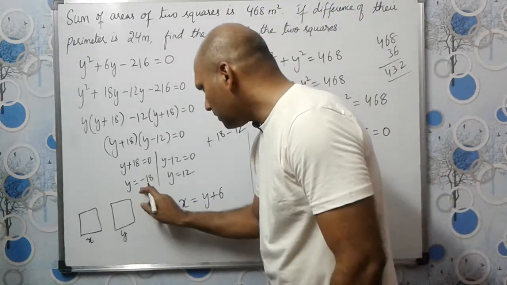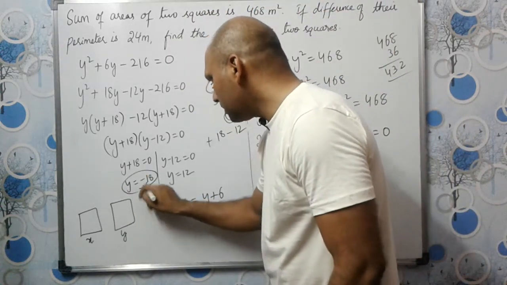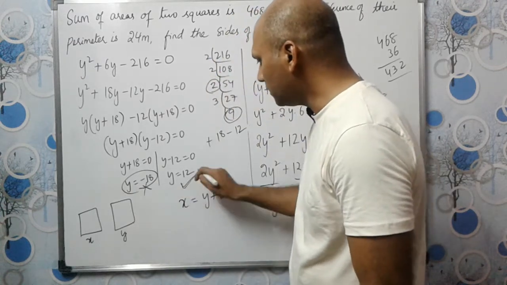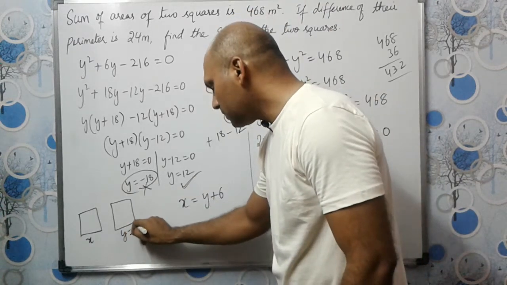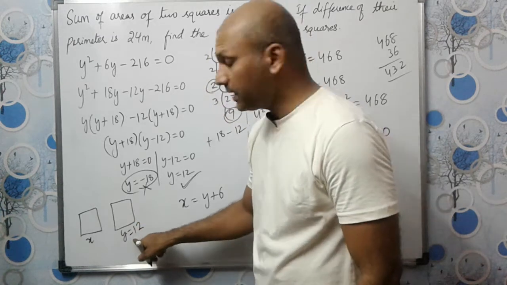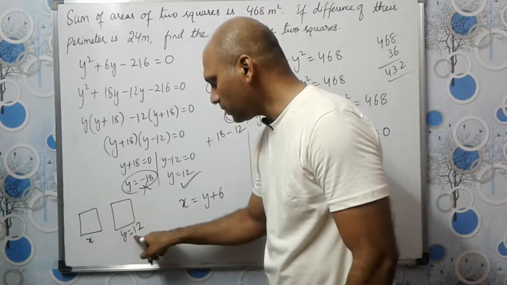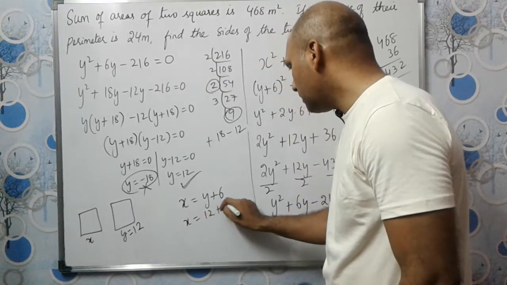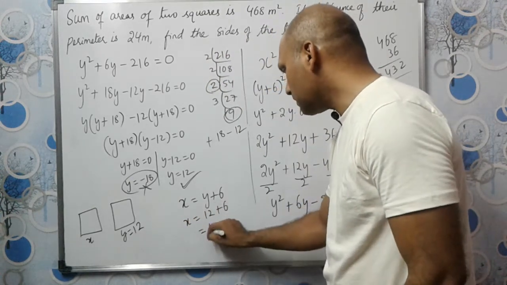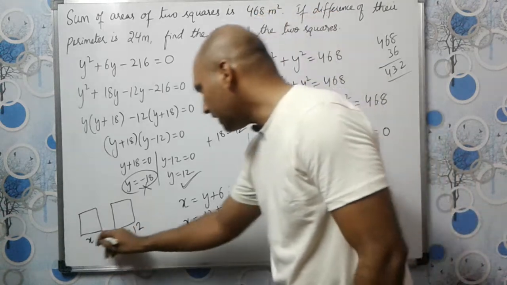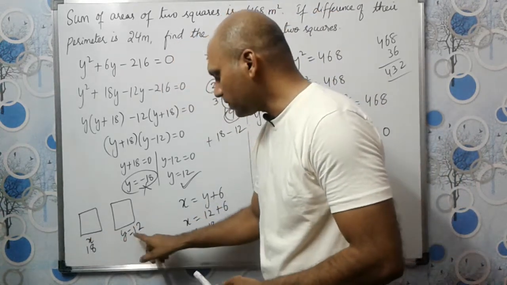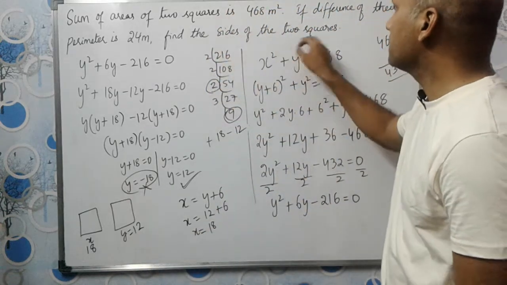Now minus 18 is not possible because a side cannot be negative, so consider y is equal to 12. So the side of the second square is 12. Now substitute y is equal to 12 in y plus 6, so this is 18. So side of the first square is 18, side of the second square is 12. We needed to find the sides of the two squares, right?